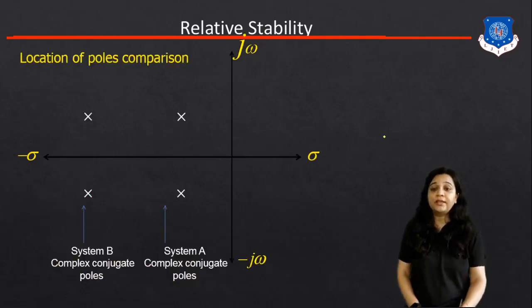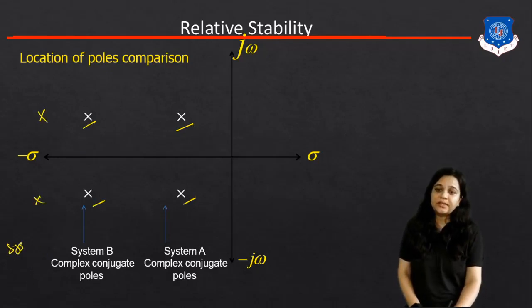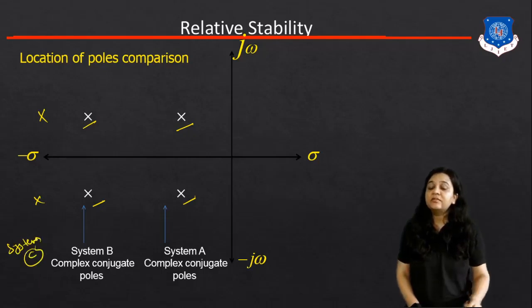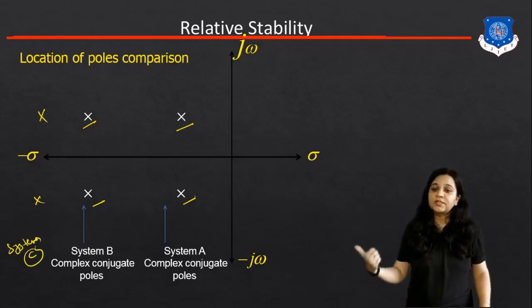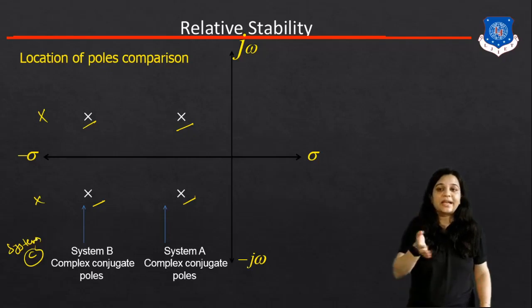That means system A will be less stable compared to system B. If the third location of the poles is given here, and this is my system C, the relative stability of system C is more than system B and system A. So the location of the poles defines the relative stability, and how fast the system response settles down lets us identify the relative stability of the system.